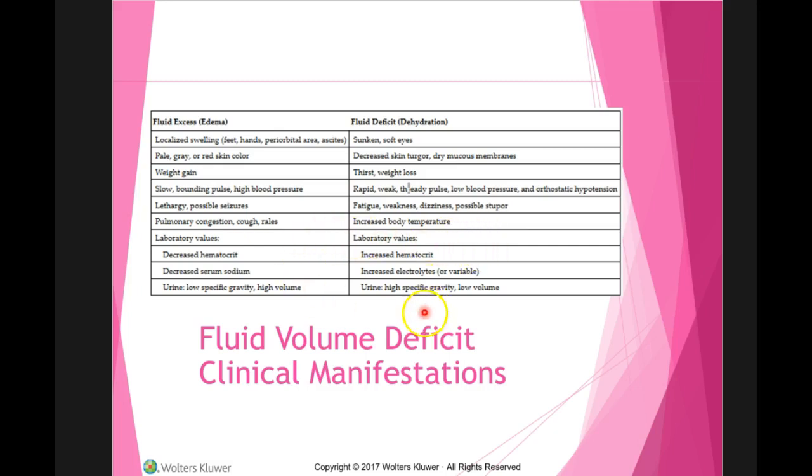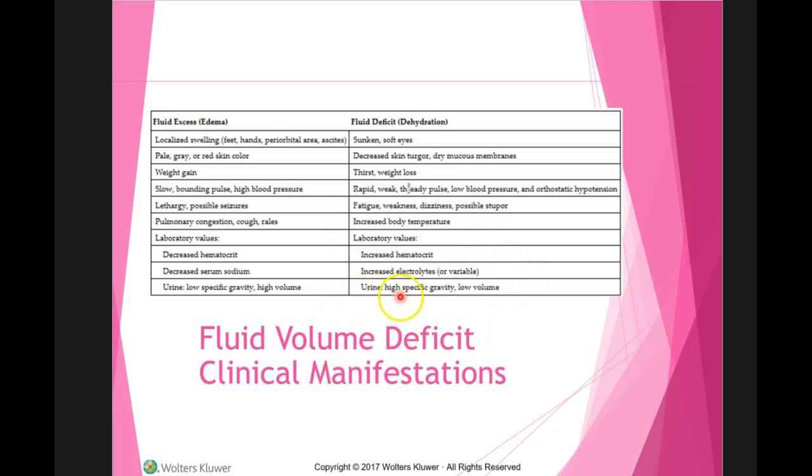As far as your laboratory values, increased hematocrit, and it could be increased electrolytes depending on the cause, but usually when there is an increase, it's because of hemoconcentration, meaning you have the same number of cells but a decreased volume, right? So your blood is concentrated, okay?